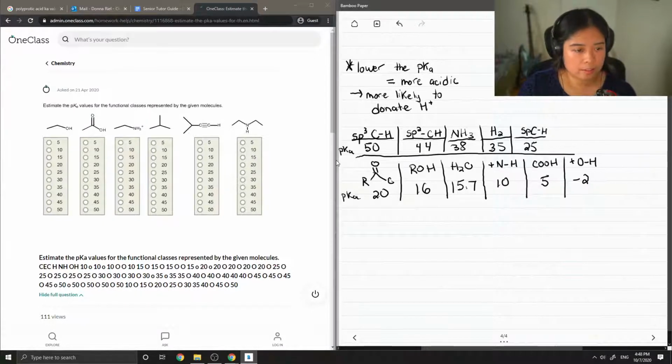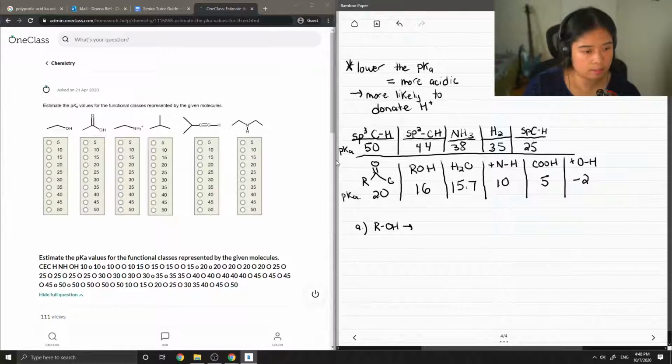Okay, so going back to our question, we have 6 compounds there. First one is an alcohol group. So since these values are in multiples of 5, we can say that this is around 15, just looking at the table that I made.